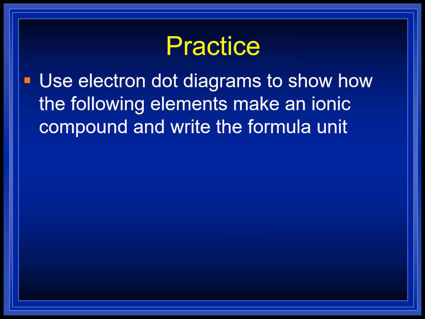So let's try Mg and Cl. Show how Mg and Cl would make an ionic compound and tell me what the formula is going to be when you're done. Well, Mg gets 2 dots.